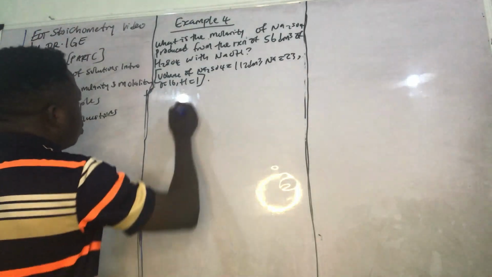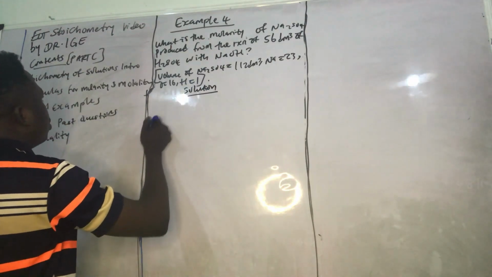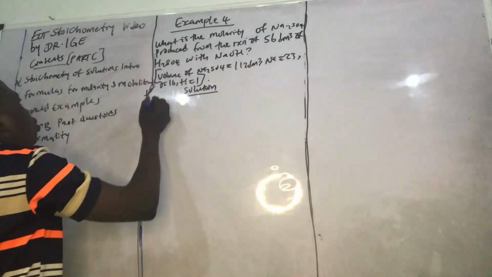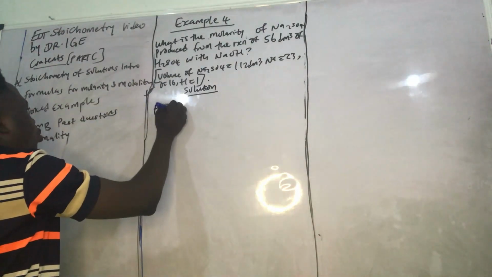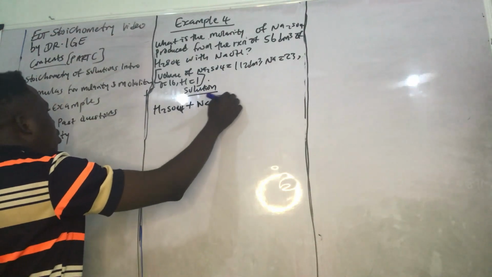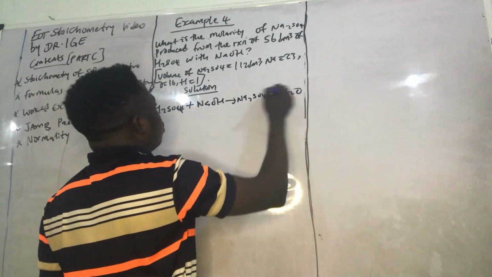Let's go to the solution. You have to start with the equation. Let's say this guy was produced. So the main equation here is H2SO4 plus sodium hydroxide giving us Na2SO4 plus H2O.